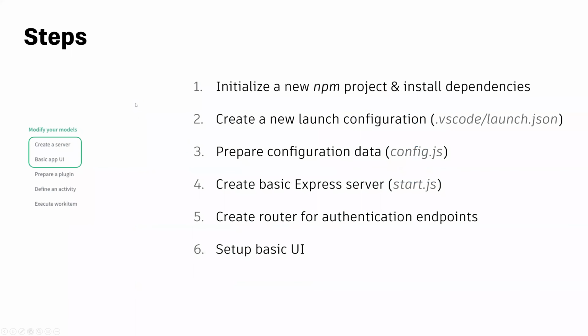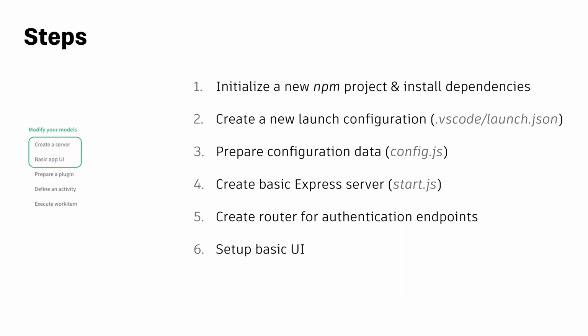Okay, now we'll be initializing an npm project. I'll be coding steps 1 to 6. After that, you'll have some time, or else you can also code along with me. So let's see what all we'll be doing. We'll be initializing an npm project, and we'll install the dependencies.